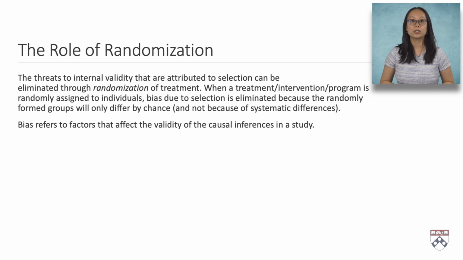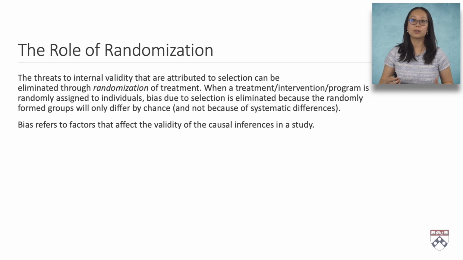And here, when I mention the term bias, this refers to the factors that affect the validity of the causal inferences in a study. So going back to the previous example, when I talked about the limitations due to accessibility, where some students may be able to download the app while others cannot.